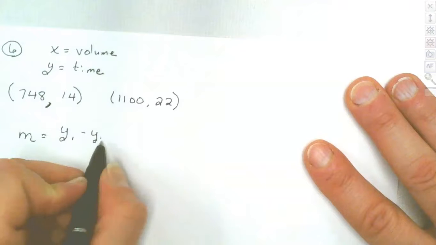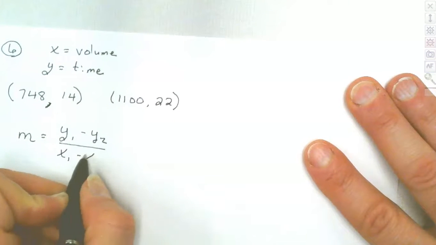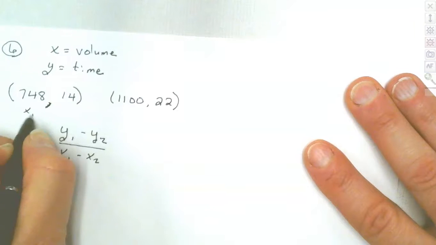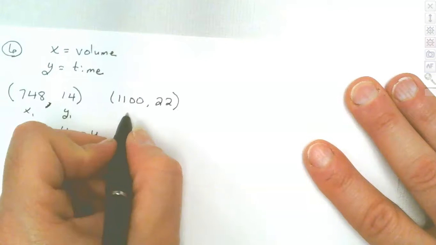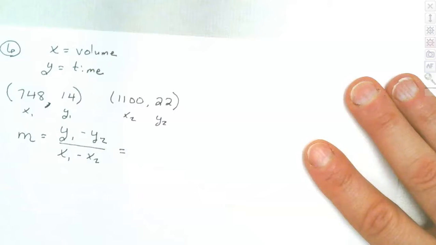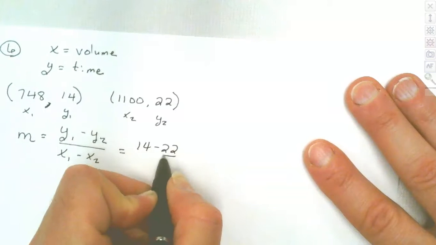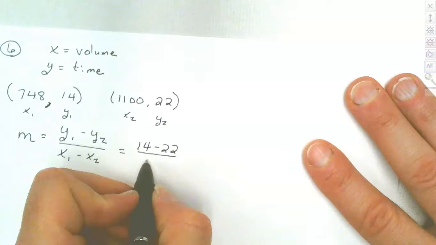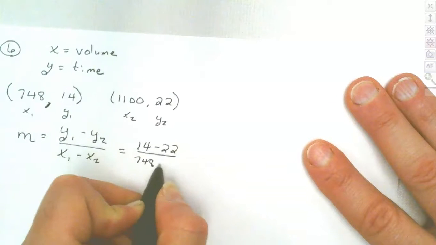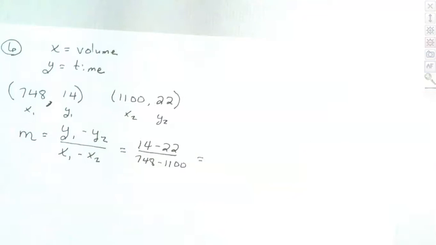So two ordered pairs means we have to use our slope formula. So y1 minus y2 over x1 minus x2. And we simply plug our values in. So that's 14 minus 22 over 748 minus 1,100. And let's see what that gives us.